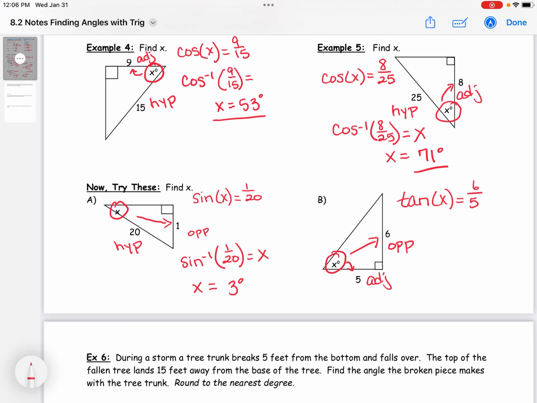That means the angle x is second tan, 6 divided by 5. And when I put that in my calculator, my angle is 50.